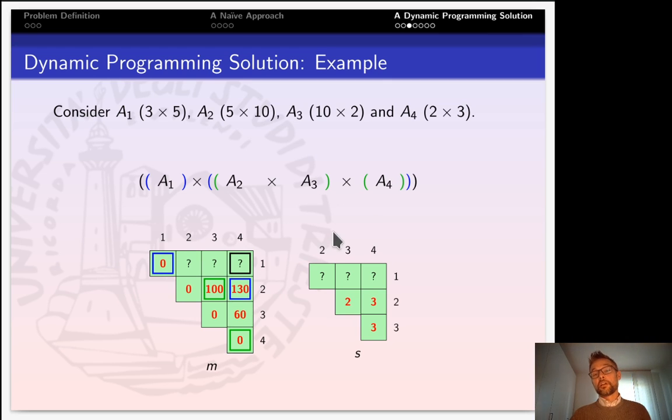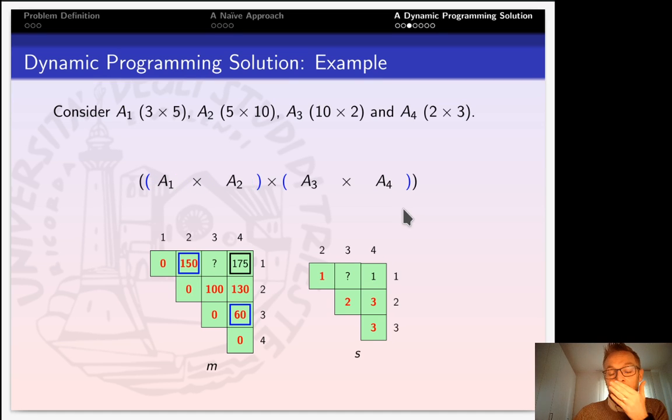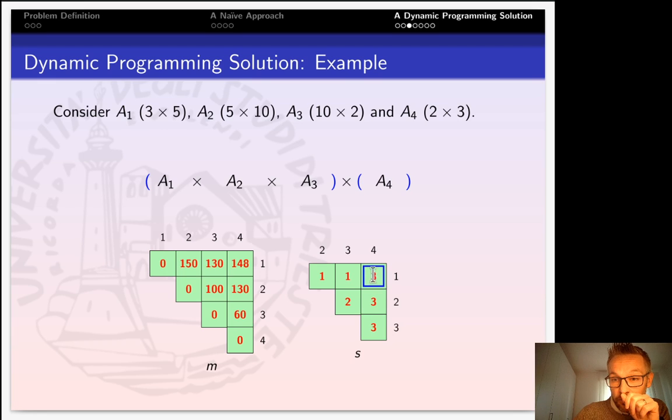So we discover all the possible parenthesizations for this sub-problem. Of course, if I go on, I am able to fill up all the numbers in the 2 matrices. Okay, and I'm able to figure out the best parenthesization, which is the one we see here.